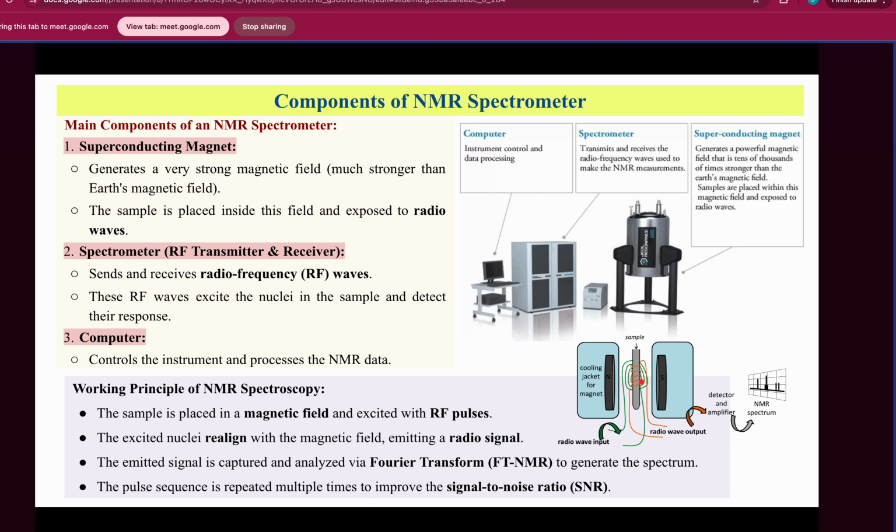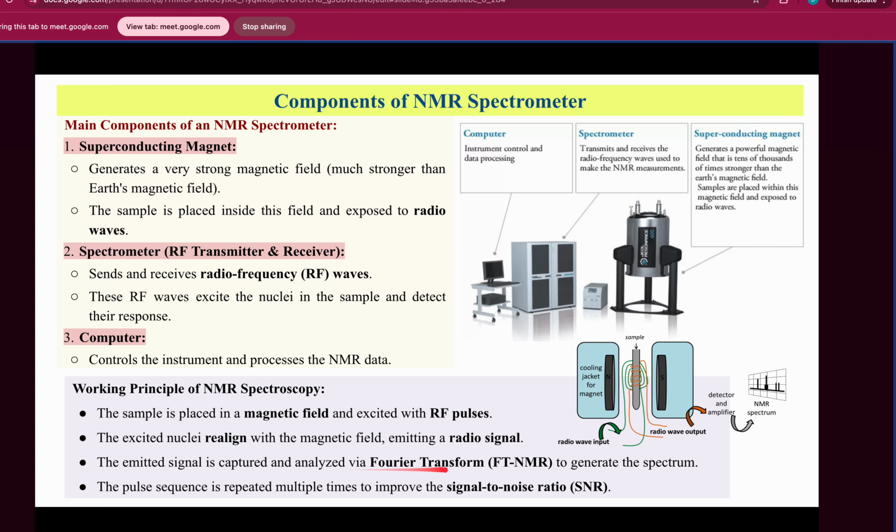The RF input is provided, and then the change in this wave, its output, is detected by the detector. The detector collects the output of the radio frequency waves, the signal is amplified, and ultimately the NMR spectrum is obtained, which shows how the particular sample behaves in the presence of an external magnetic field.